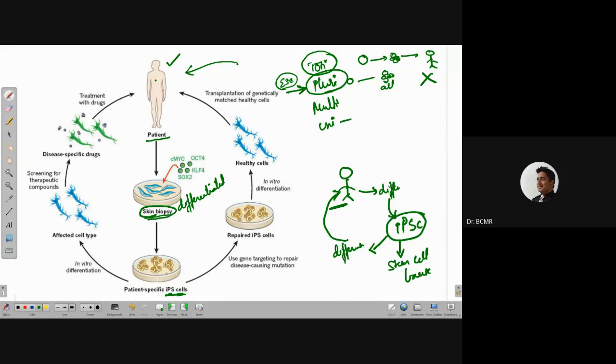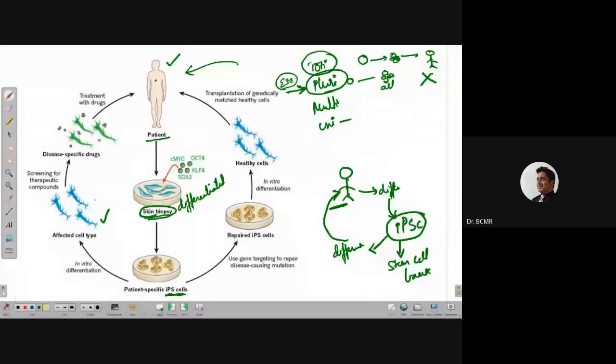And then you can proceed in two different ways. You can try to generate the cell types that you want for a damaged tissue, and then give those to the patient. If the patient had a genetic defect, then one can try to repair these induced pluripotent stem cells, something like gene therapy.